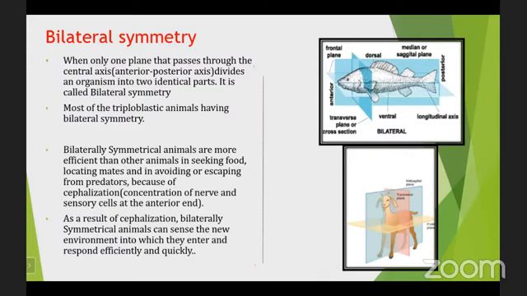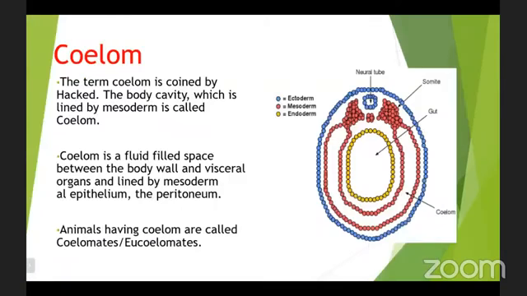What is the specific reason? Cephalization, the concentration of nerves and sensory cells at the anterior. Usually any organism will have the head region on the anterior side, so the head region responds quickly. As a result of cephalization, they can sense the new environment they enter and respond efficiently and quickly.